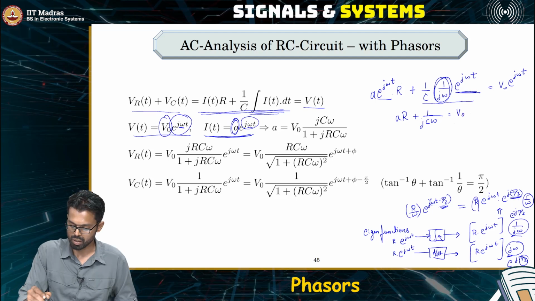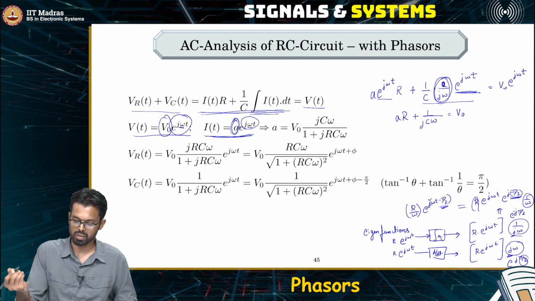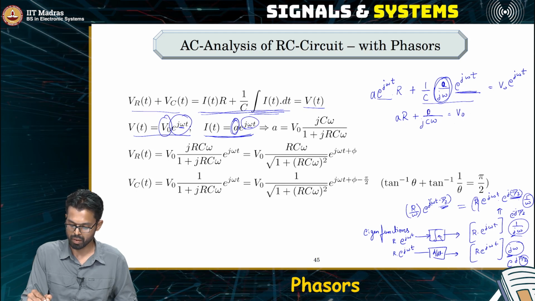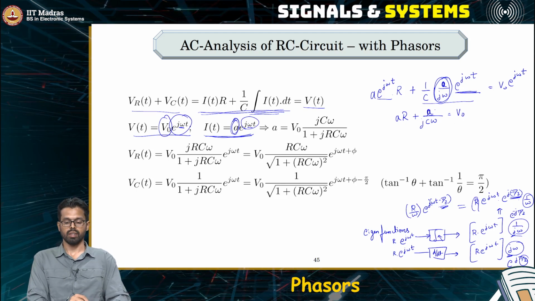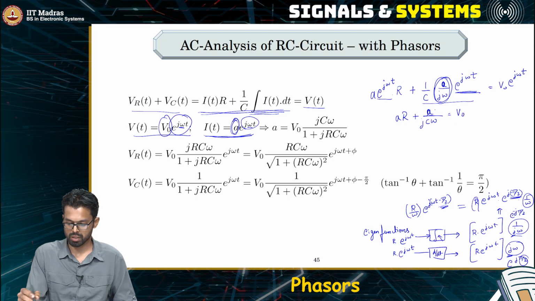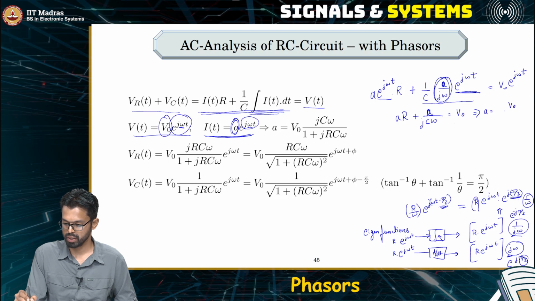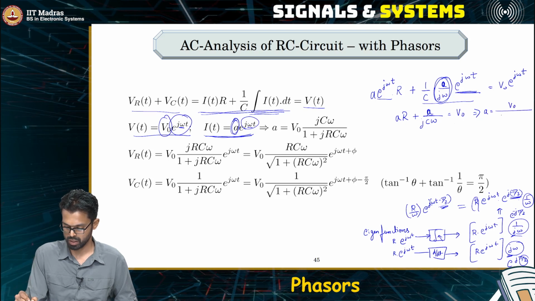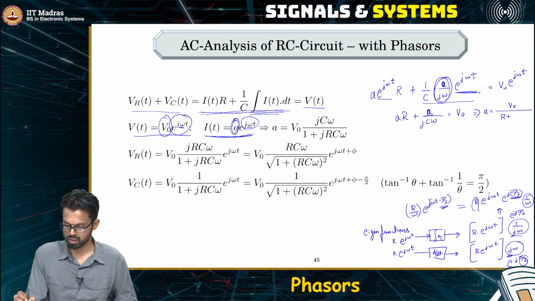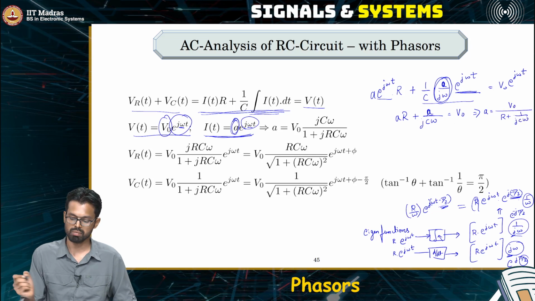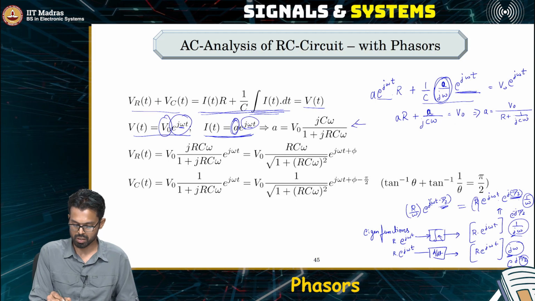Okay, sorry, there is an A here and there is an A here, right? So this gives that A equals V naught divided by R plus 1 by j C omega, which gives us this value.